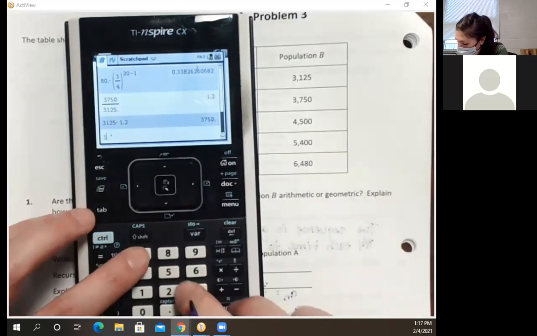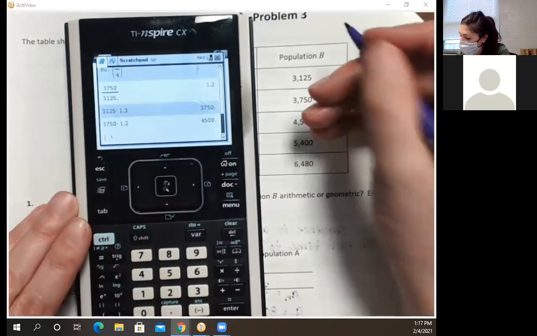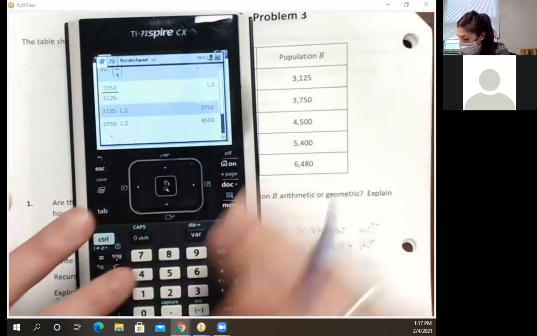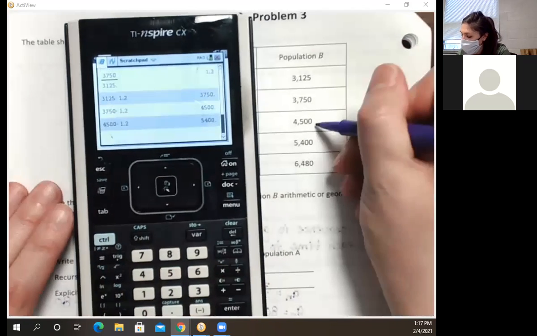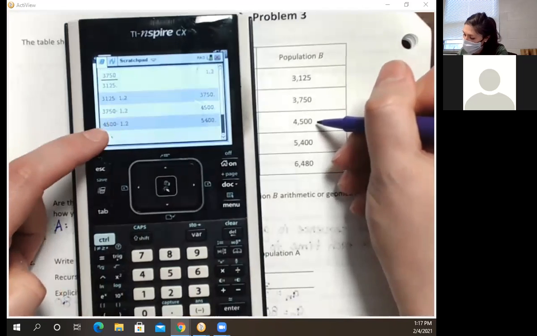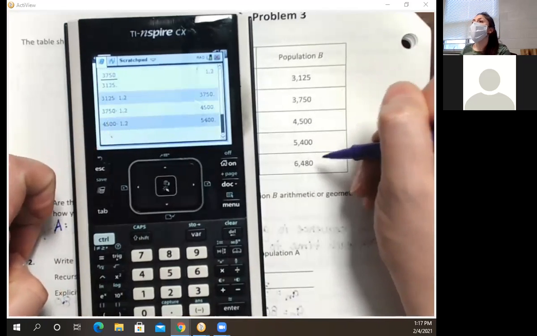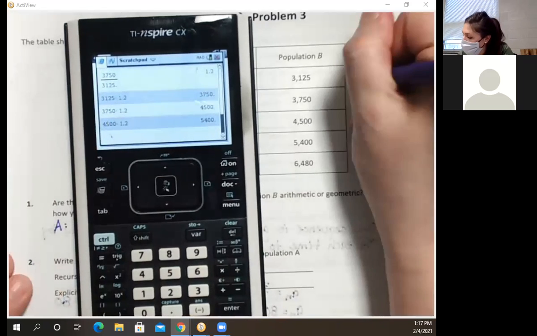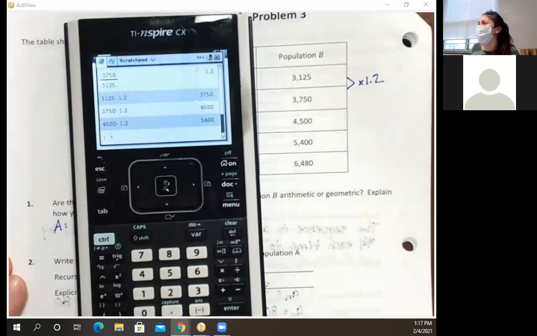So if I take 3,750 and multiply by 1.2, I should get the next term in the sequence. And I do. It's a good idea to try these a couple of times. And each time I multiply, so there, 4,500 times 1.2, I get the next term in the sequence. That means that this is geometric, and our common ratio would be 1.2. Does that make sense?